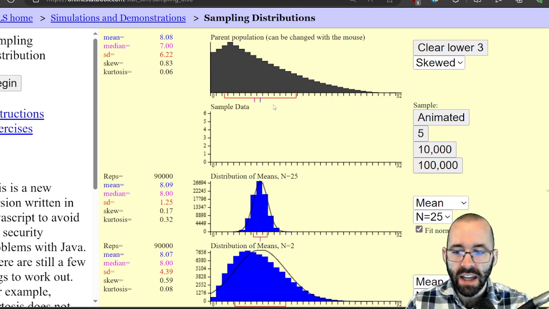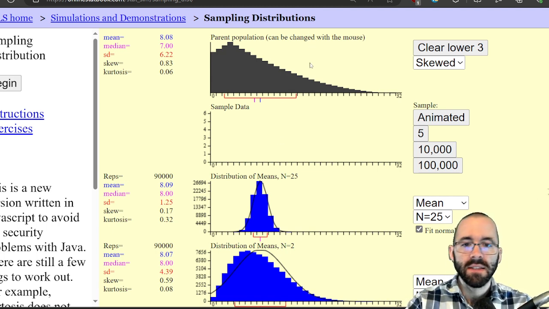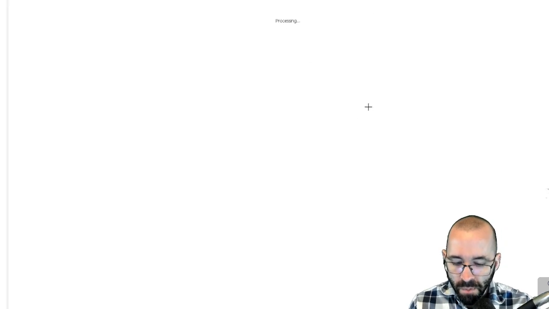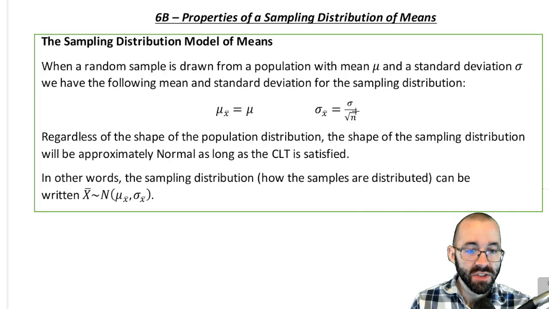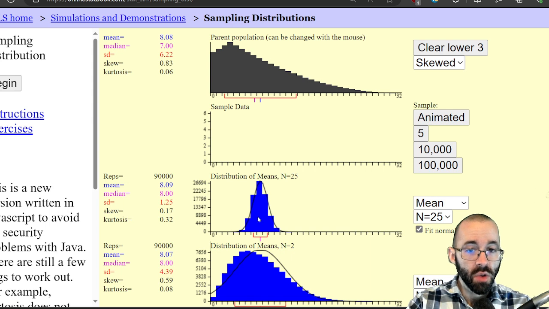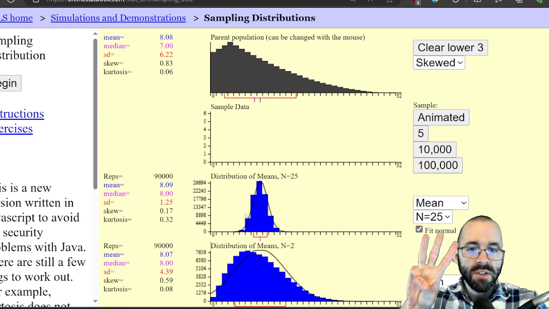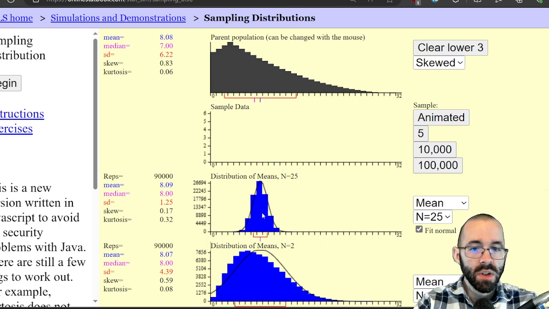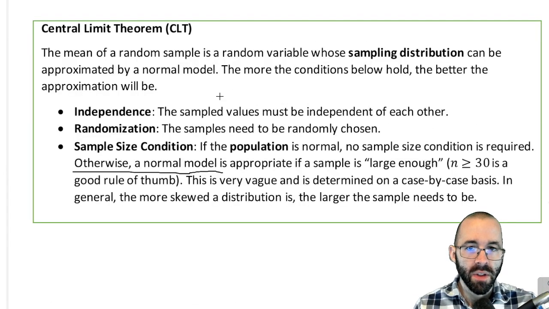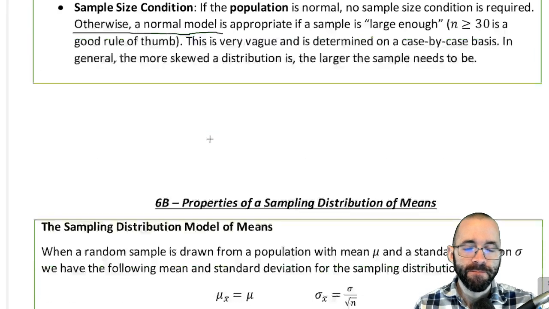Before we really get into this new example, let's talk about how we can actually approximate this normal model. Under certain conditions, independence, randomization, and sample size, we can model these averages with a normal distribution. These were the conditions with the CLT.